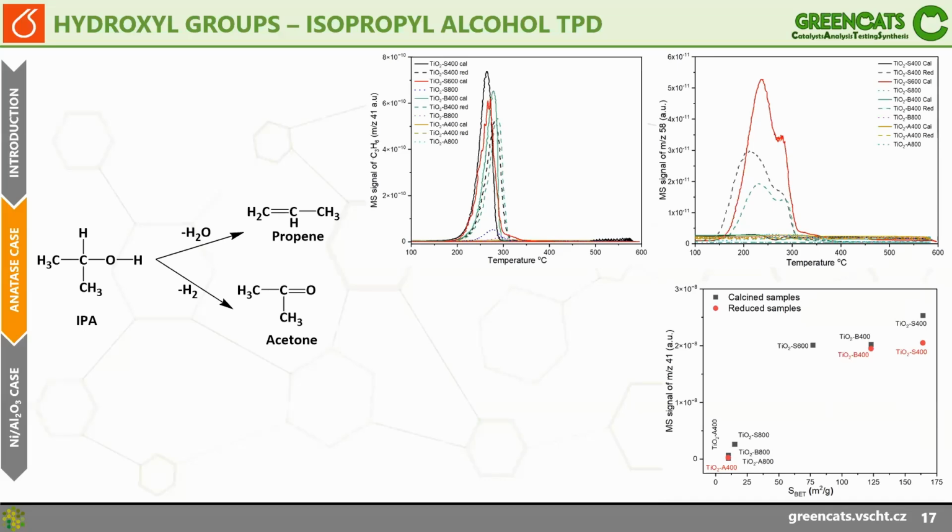To be correctly said, these are samples treated in hydrogen, because in this case we didn't have fluorine there. But the idea was to treat them in the same way, to minimize the effect of different treatments.